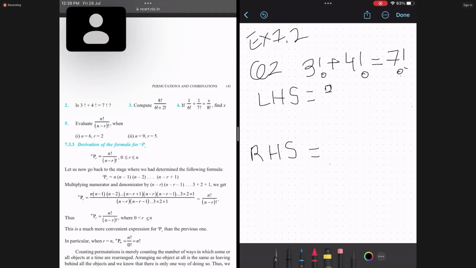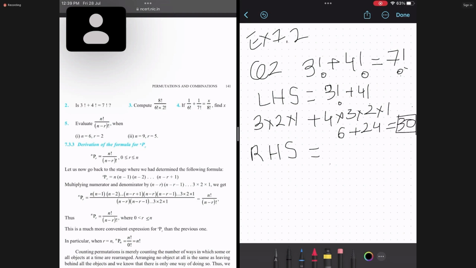The LHS is 3 factorial plus 4 factorial. Expanding that, what I'm left with is 3 into 2 into 1 plus 4 into 3 into 2 into 1. 3 into 2 into 1 is nothing but 6, plus 4 into 3 into 2 into 1 is 24. And finally, the LHS comes out to be 30. Correct.